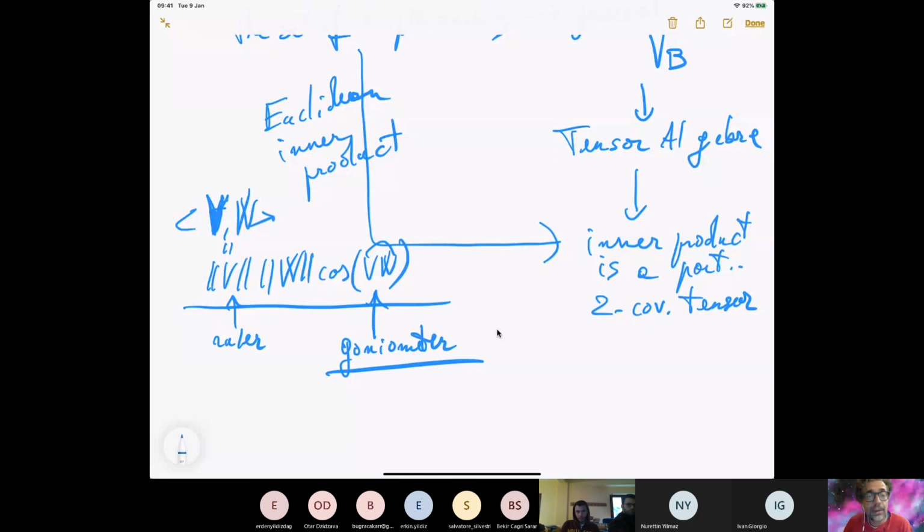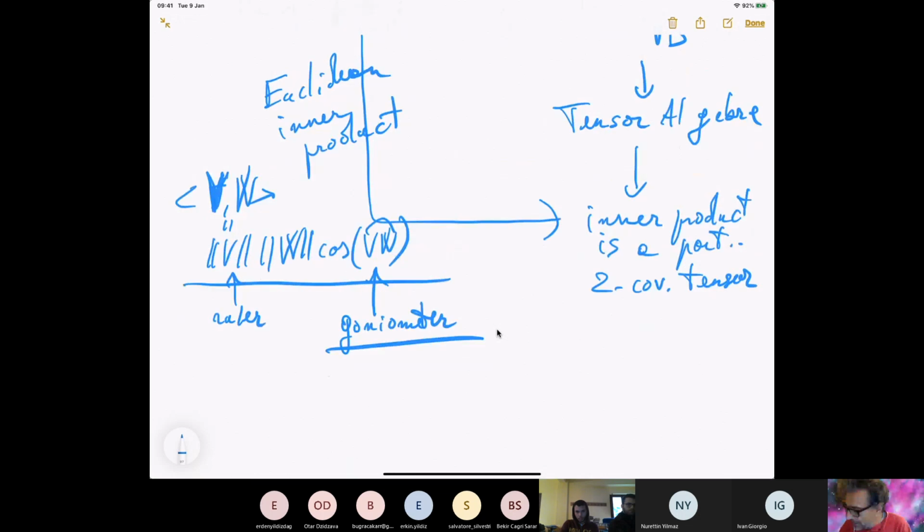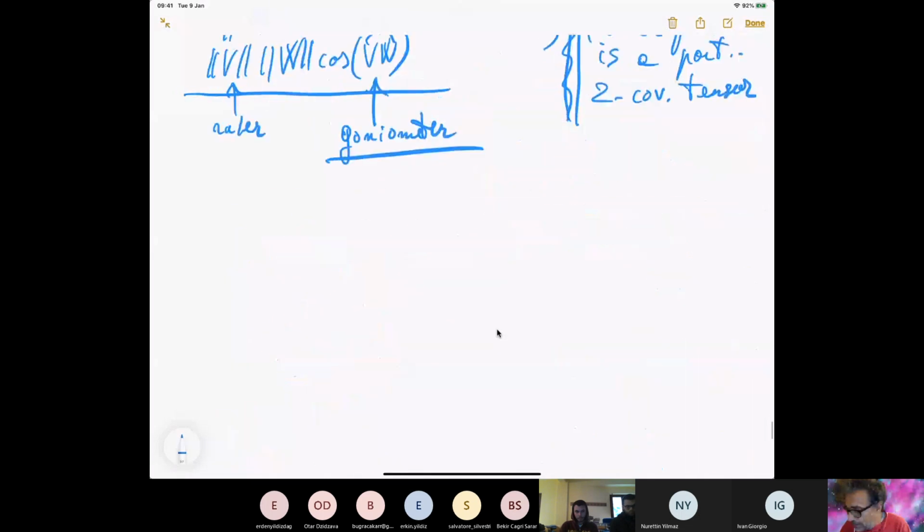So this is a very specific, if you like, practical inner product. This is the inner product used by practical topographers. You recognize that the inner product is a particular two covariant tensor and that the Euclidean inner product is a particular inner product.